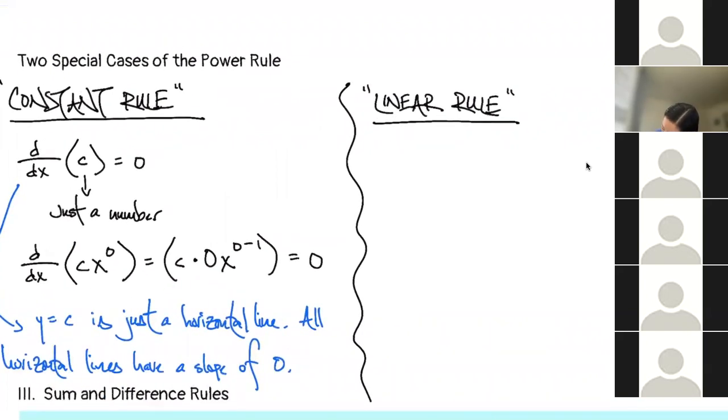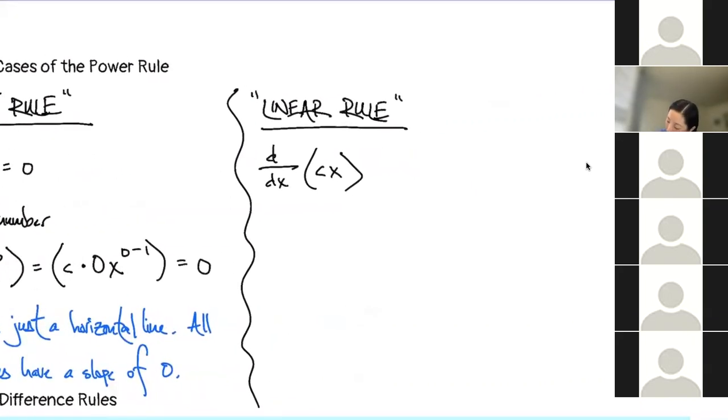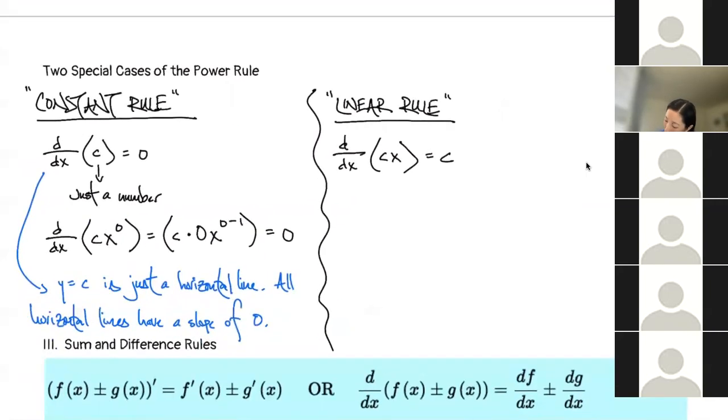At the very basic linear function, we really have something that looks like this: C times X, like a number times X. And the rule says that the derivative of C times X is C. That's what the rule says if you look it up. C, just like before, is just a number.